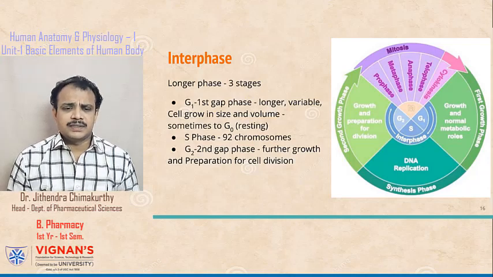Of these two phases, interphase is longer than the mitosis phase. And during this interphase, it prepares the cell for cell division. This interphase once again occurs in three stages.